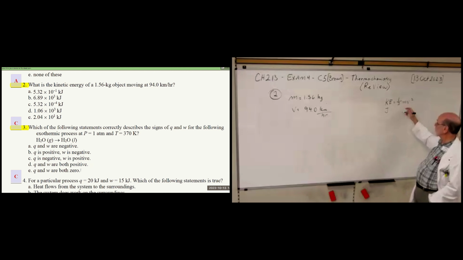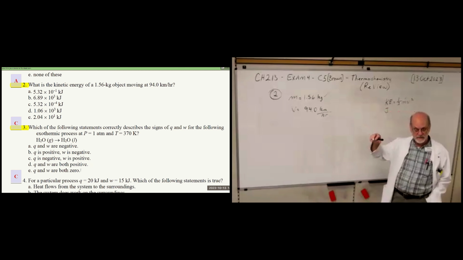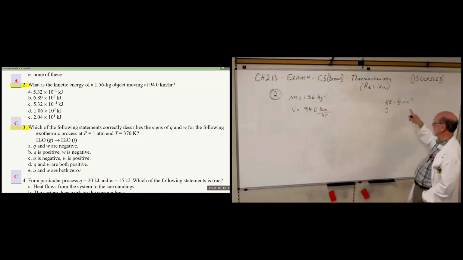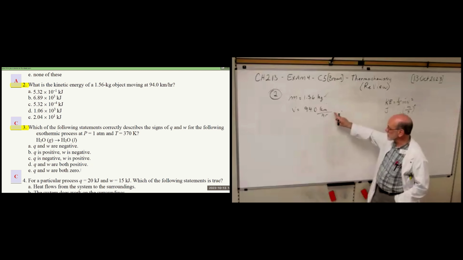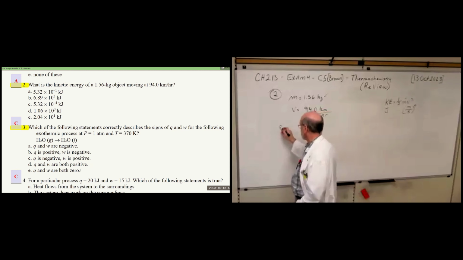So we're good with this one because kilogram is the SI unit for mass. But kilometers per hour is not the SI unit for velocity. Velocity is meters per second. And then we have to square it. So we've got to convert this to meters per second. That's the trick to this one.